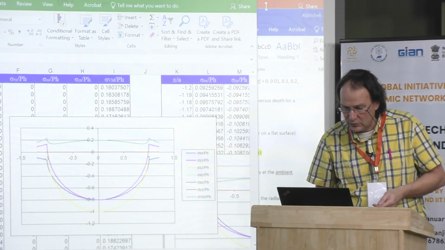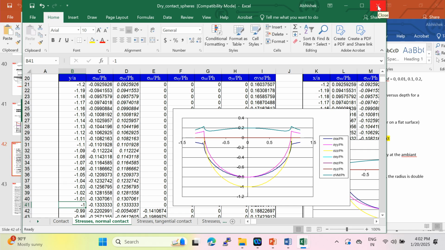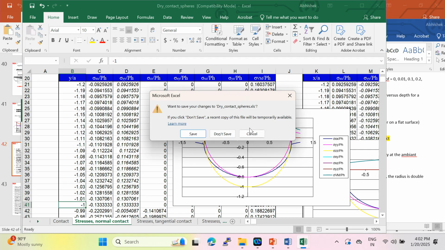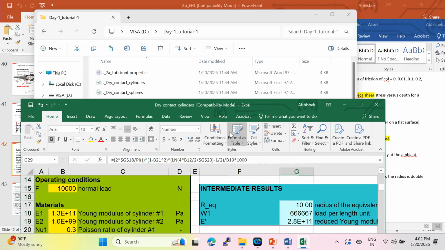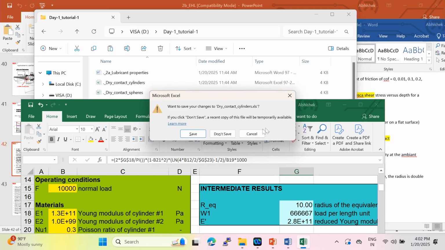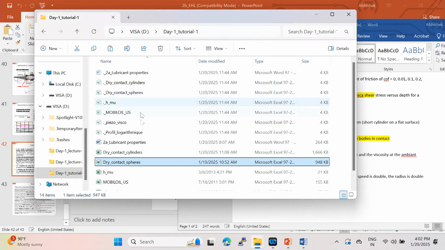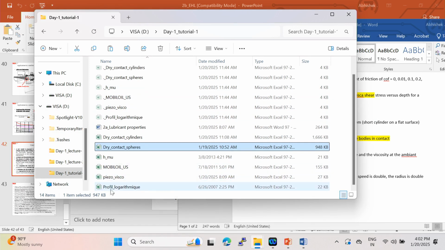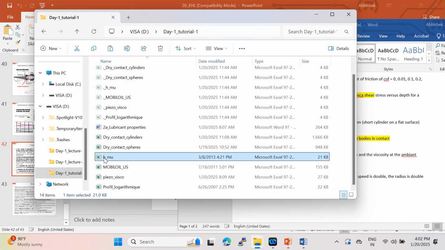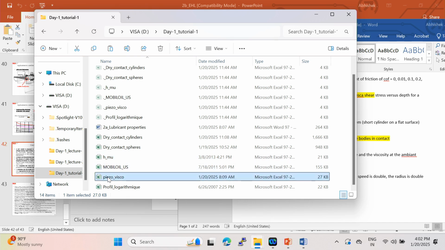Okay, then this is what I wanted to show you for the Hertz theory. And now I would like to show you a few things about the effect of parameters on piezo, maybe the viscosity first.